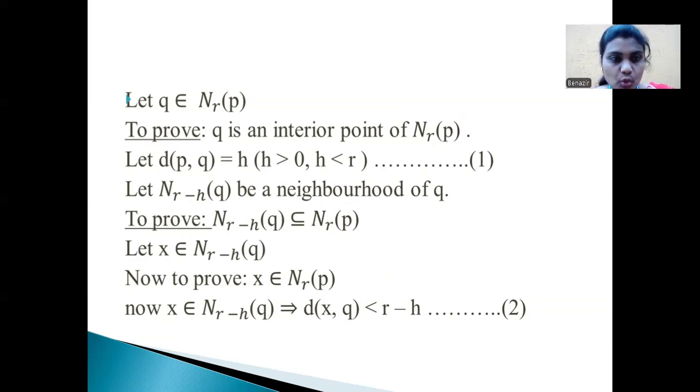Call this equation number 1. Let N_{r-h}(Q) be a neighborhood of Q. To prove N_{r-h}(Q) is a subset of N_r(P), let us take x to be an element in N_{r-h}(Q). Now it is enough to prove that the same x belongs to N_r(P). So x belongs to N_{r-h}(Q), which implies d(x, Q) is less than r - h. Call this equation number 2.